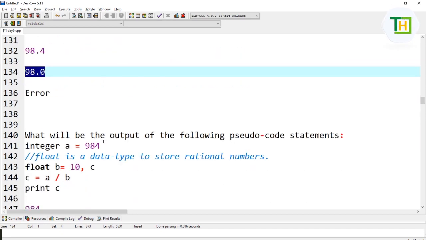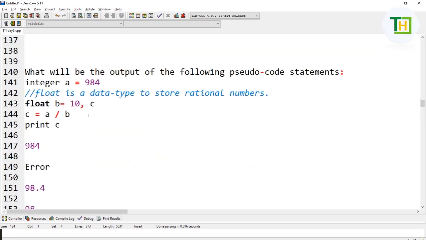Okay. Then moving to the next question, the similar type of question here also. Just observe here, now A is 984 and B is 10, but it is float here.